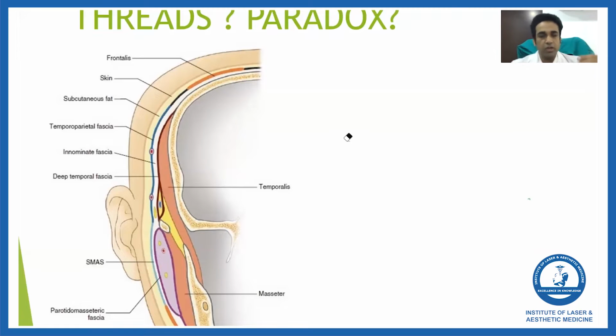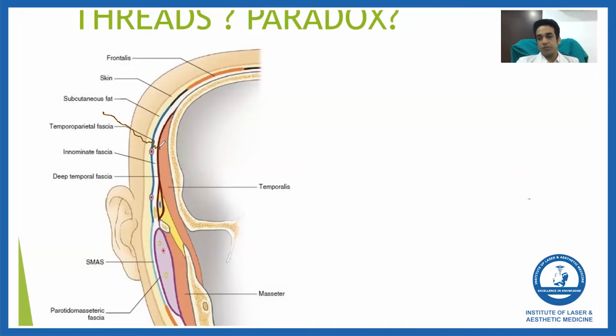Just try to orient yourself: if you are going to inject this area, what structures would the needle pass through? If I am going to inject somewhere here, see what kind of structures I'm going to pass through.